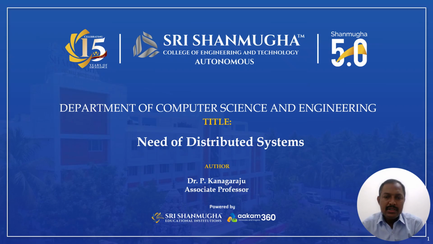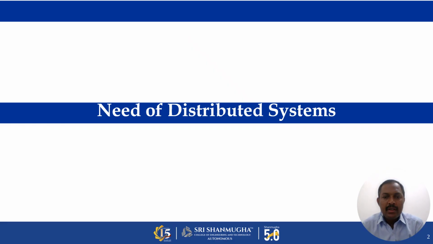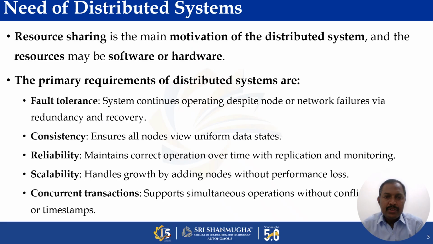Now we are going to discuss a small concept: what is the need of distributed systems? Before going to learn the need of distributed systems, we are going to see a little bit about the concept of distributed systems.